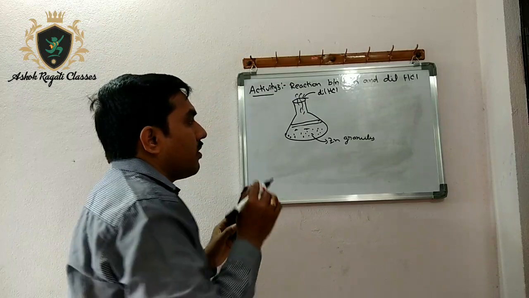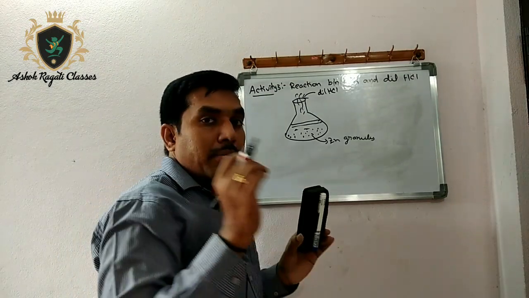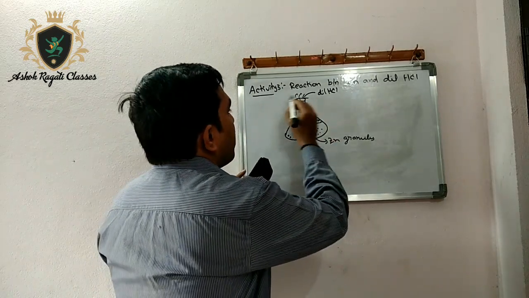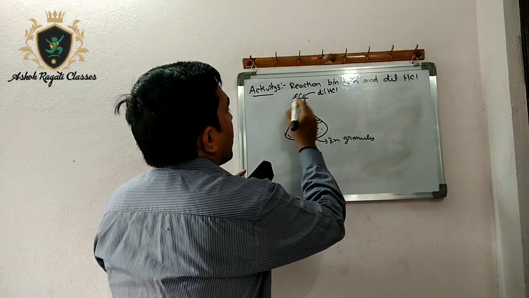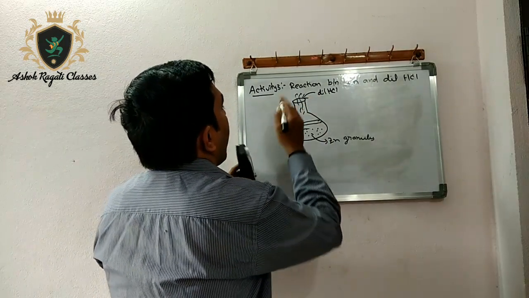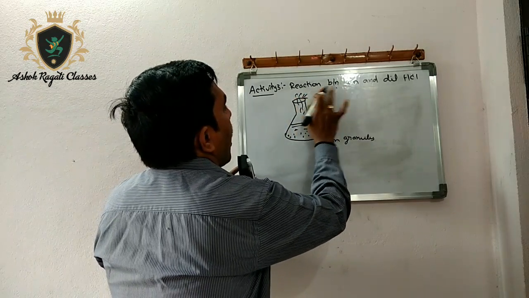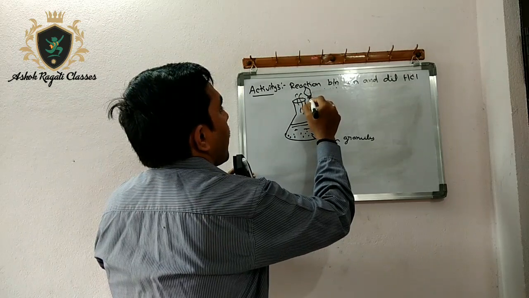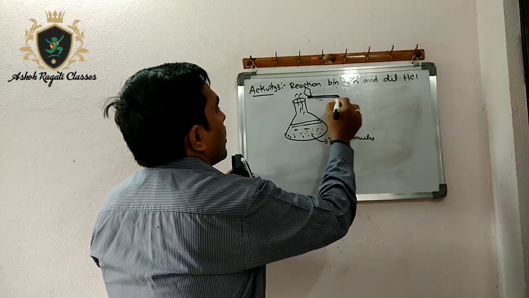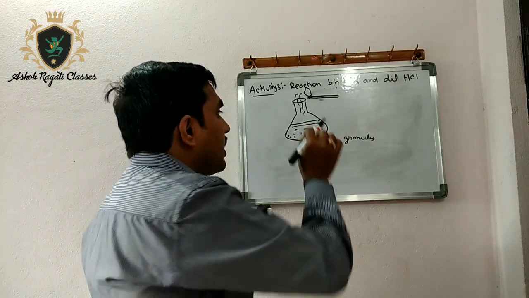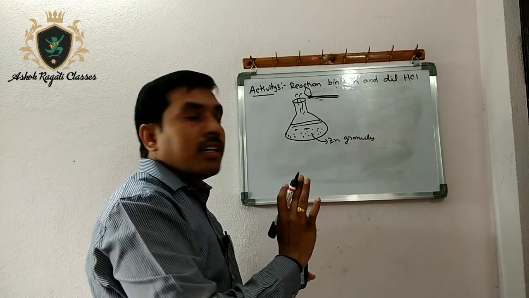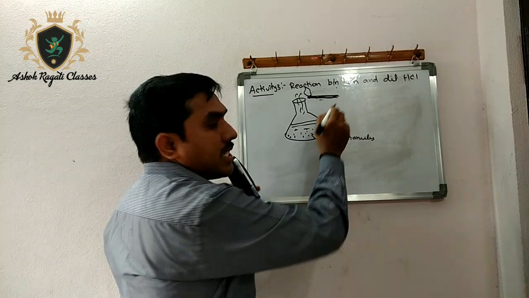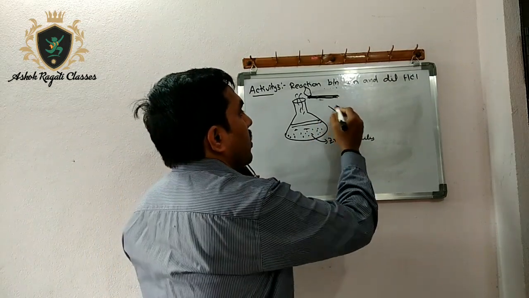So I am taking a burning matchstick nearer to the neck of the conical flask. It will burst with a pop sound.